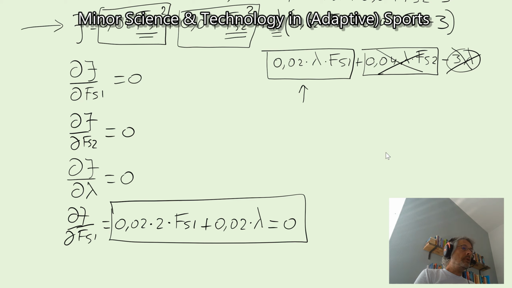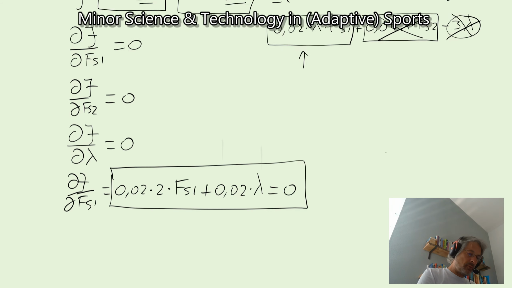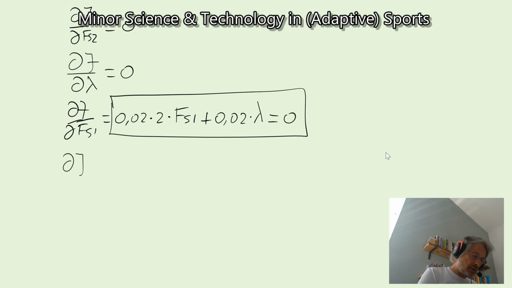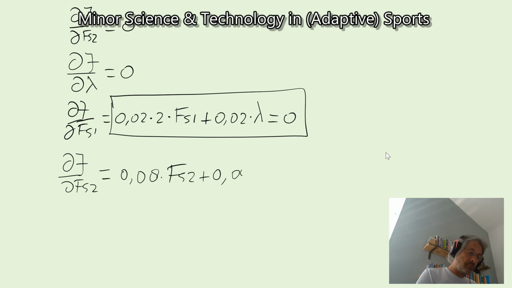Okay. Now I will give you the answers for the other two, and then in exercise 10 we will derive them. So the answer for dou J dou Fs2, that is 0.08 times Fs2 plus 0.04 times lambda, and that has to be 0.